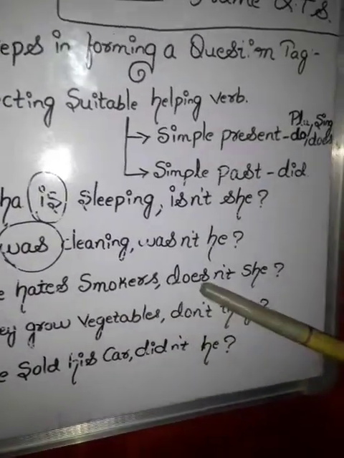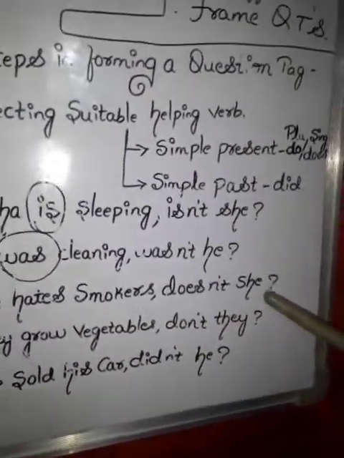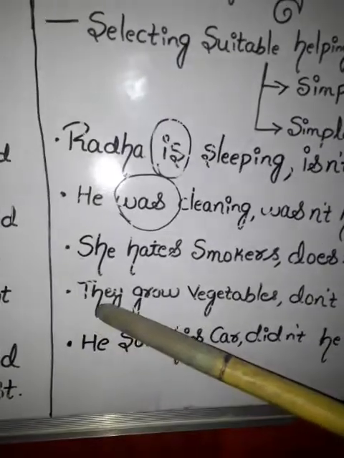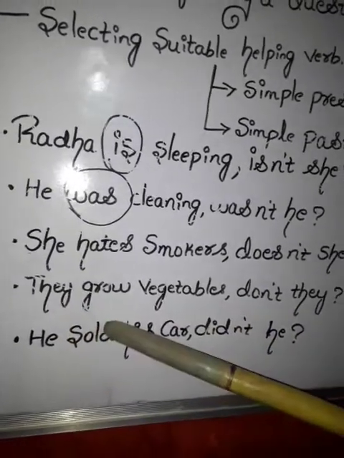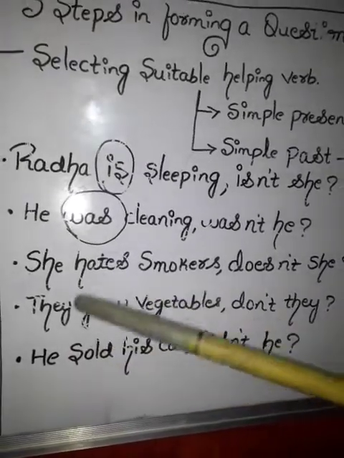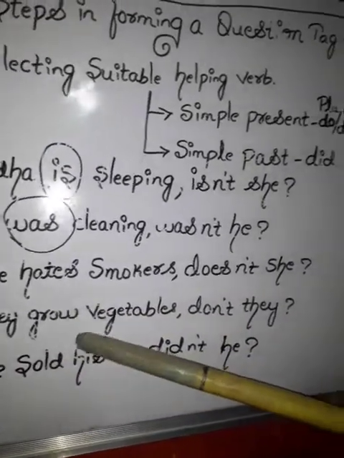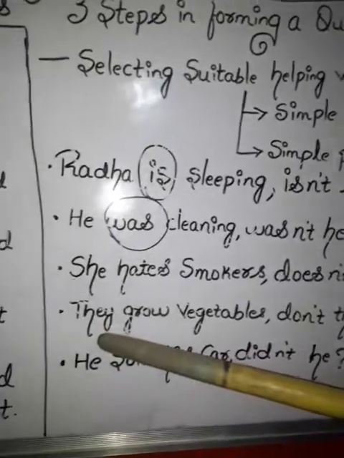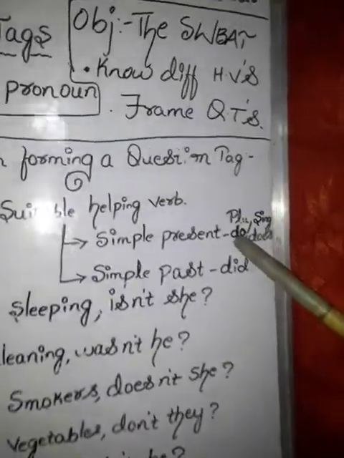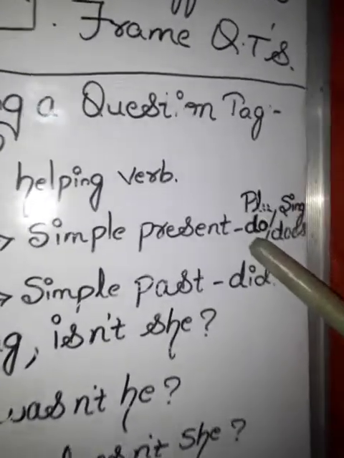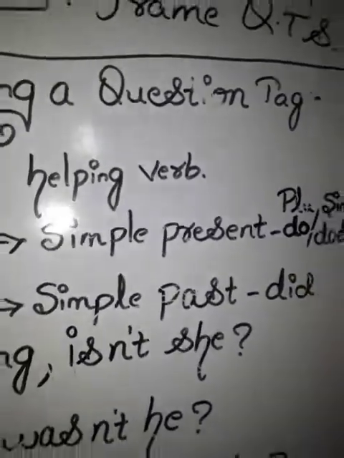So, she hates smokers, doesn't she? And one more example. They grow vegetables. Here in the given statement, the main verb grow is in simple present tense and the given subject is plural. So for simple present plural, we use do as the helping verb. So, don't they?